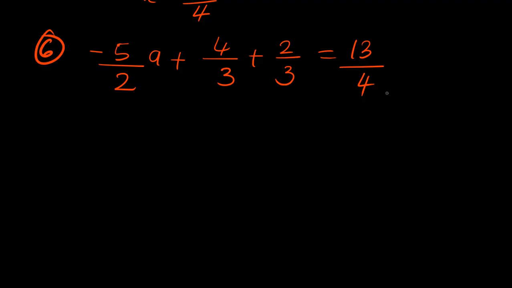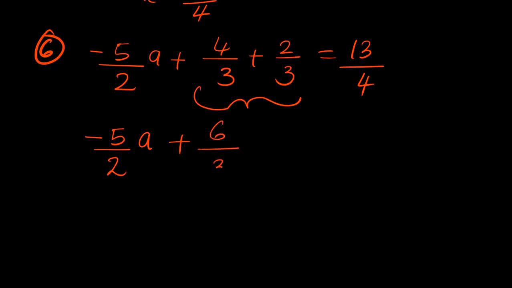So this is a multi-step equation. On the left side you can see two fractions, 4 over 3 plus 2 over 3. So you have to combine them as one fraction. So the equation changes to negative 5 over 2a plus, these are like fractions with the same denominator, so 4 plus 2 is 6 divided by 3 is equal to 13 over 4. 6 divided by 3 is 2.